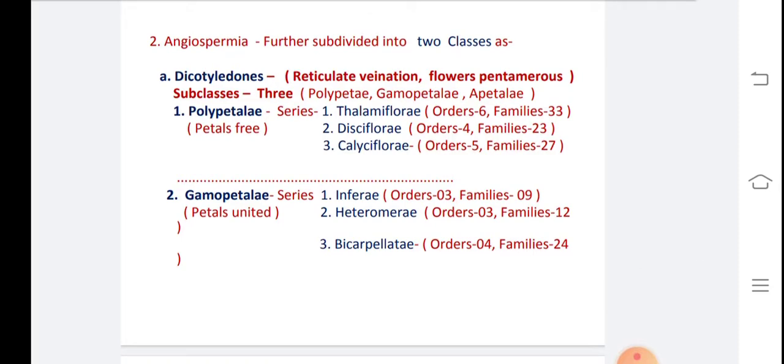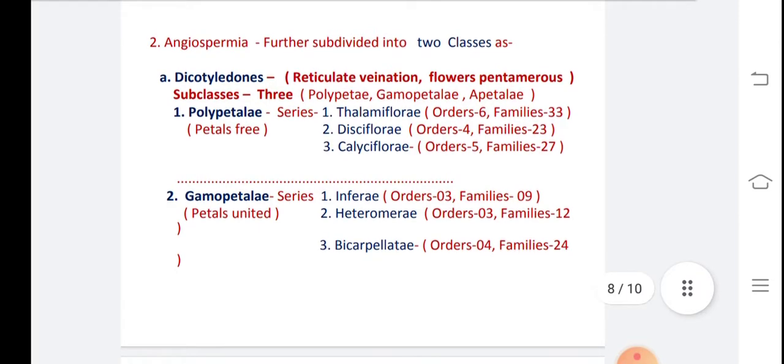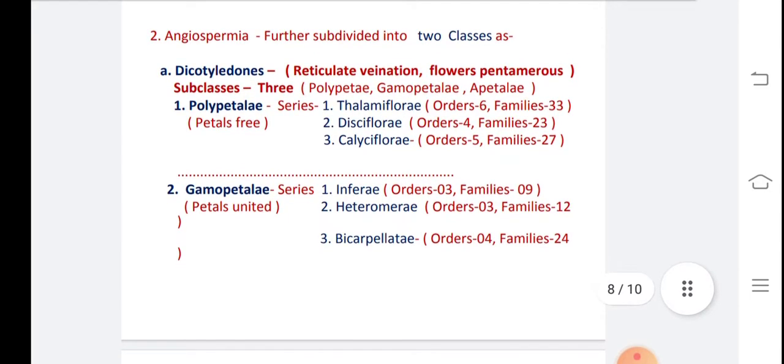If possible, remember these bracketed figures. Thalamiflorae has 6 orders, 33 families, Disciflorae has 4 orders, 23 families, Calyciflorae has 5 orders, 27 families. This is the extra information for your study, right?